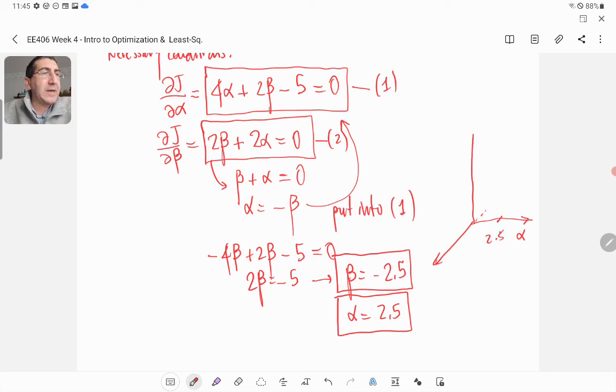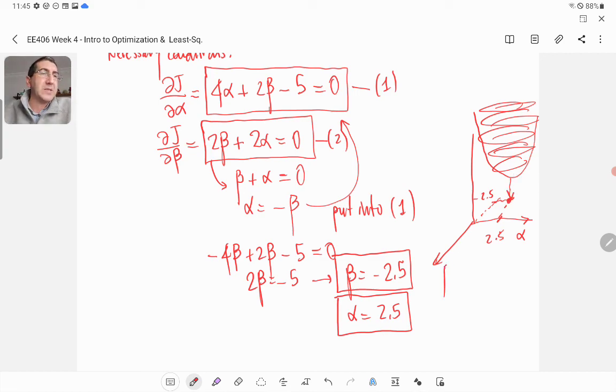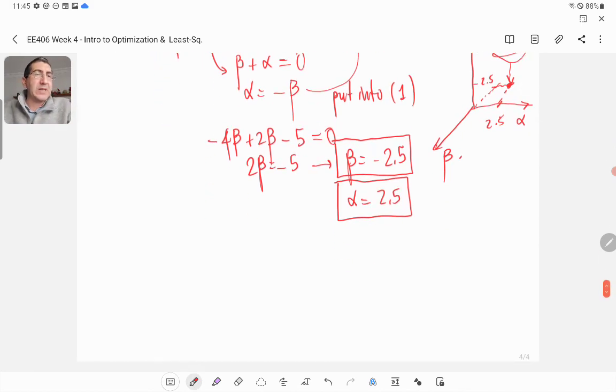Beta is at minus 2.5. So at that point, I basically have my function having its minimum. The minimum is located at this point in the alpha beta space. Okay? So that completes our example over here.